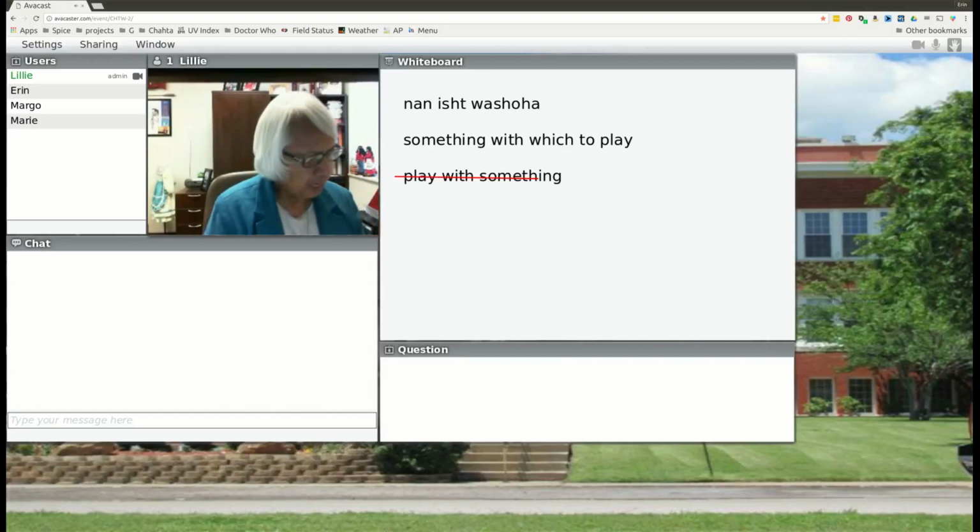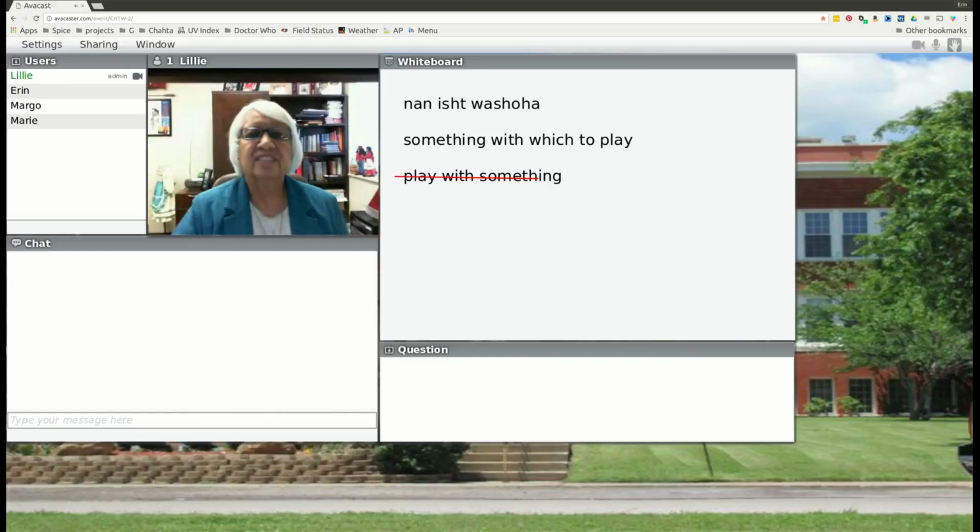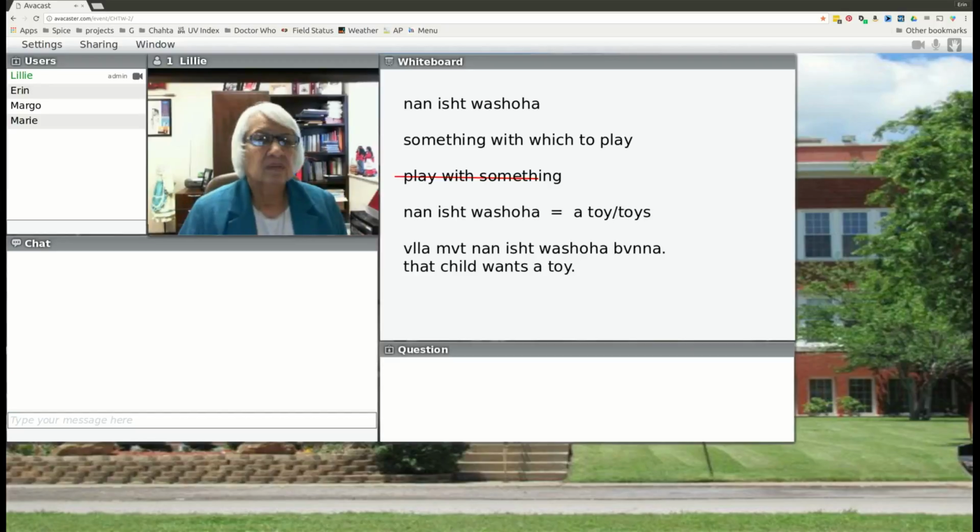No, it's in this chapter. We haven't had the lesson yet, but it's on page 74. Okay, just to show you how these can be understood and used, especially non-ishtwashoha.